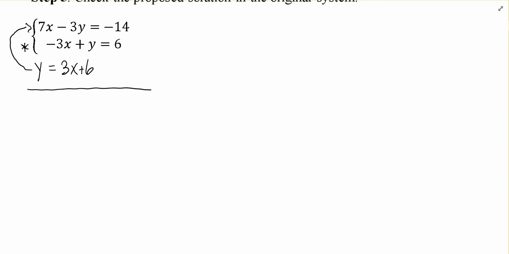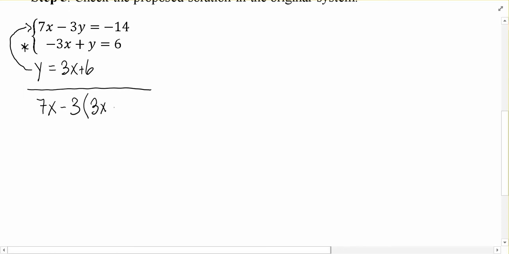And that's why this is called the substitution method. We're going to substitute 3x plus 6 anywhere that we see a y in that first equation. So that first equation is 7x minus 3. Now instead of y, we're going to write 3x plus 6 because they're the same thing.